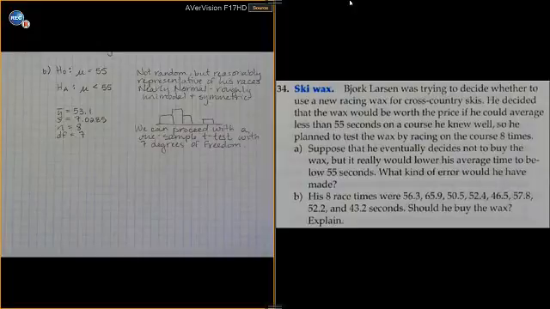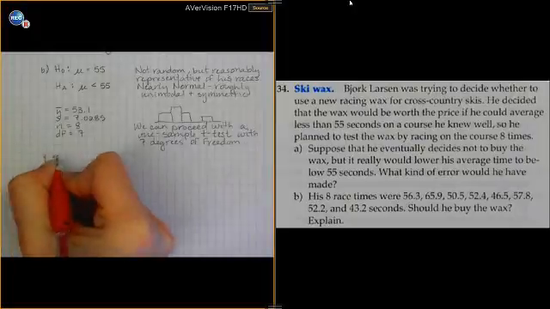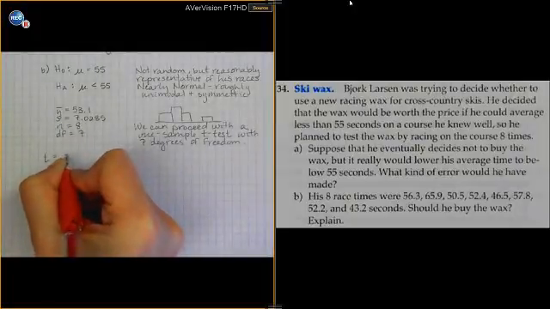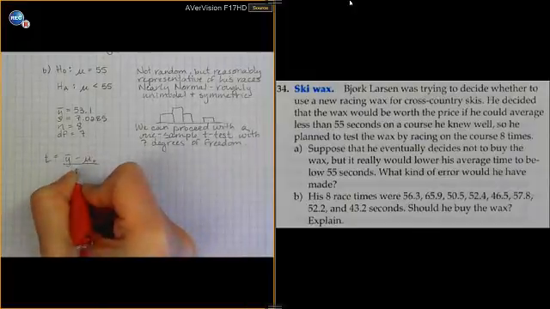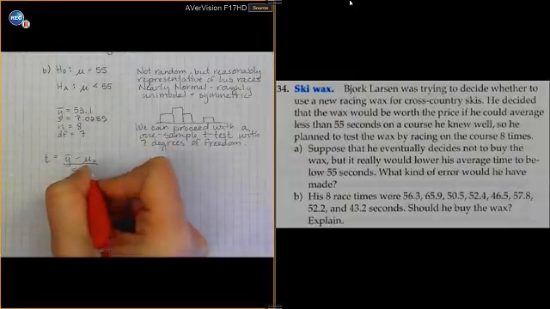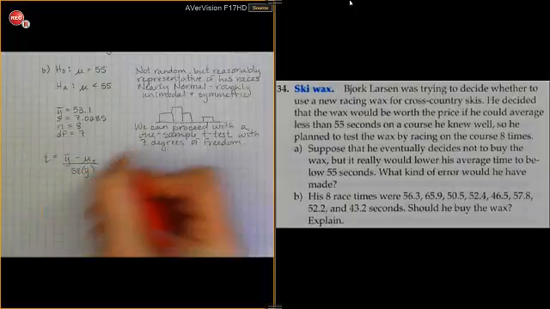So our observed mean, 53.1, minus our hypothesized mean of 55. And then our observed standard deviation was 7.0285 divided by the square root of 8. So what I'm going to do is pop this in the calculator in one shot.